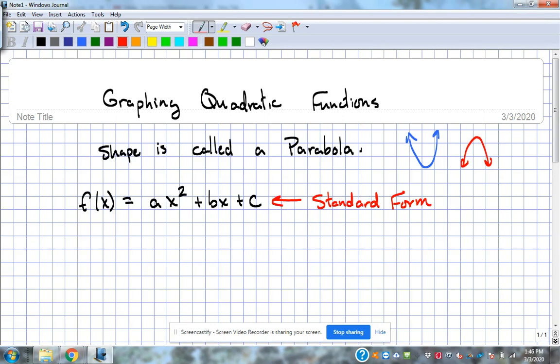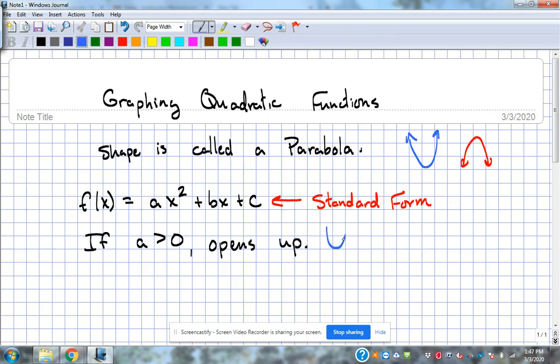In standard form, if the value of a is greater than 0, what kind of number is it? If a number is bigger than 0, what kind of number is it? Positive, right? If the value of a, the number in front of x squared, is positive, then it opens up.